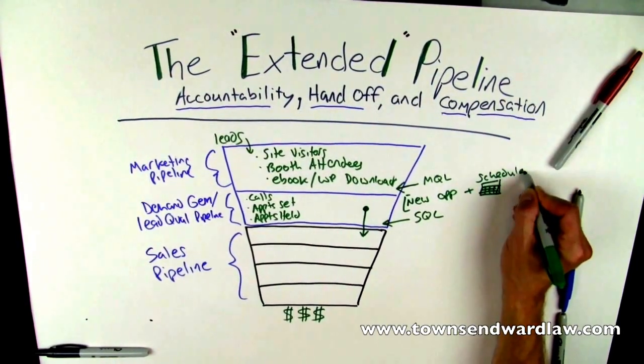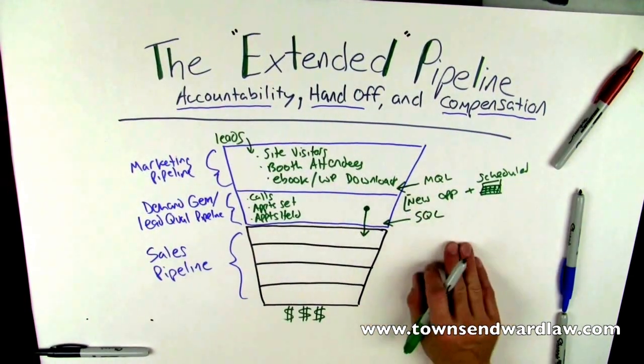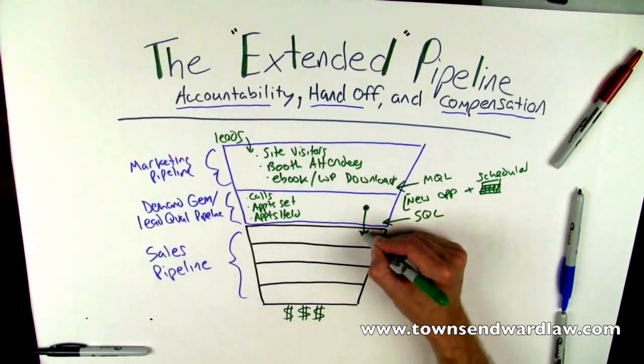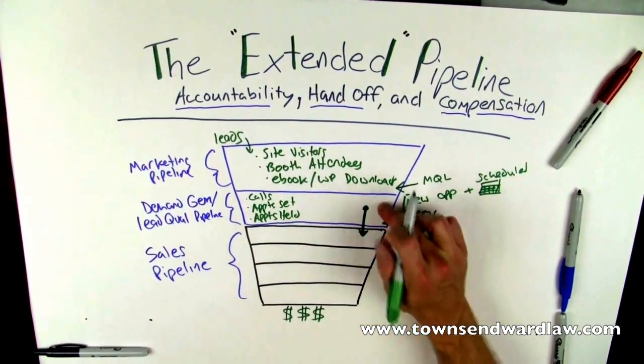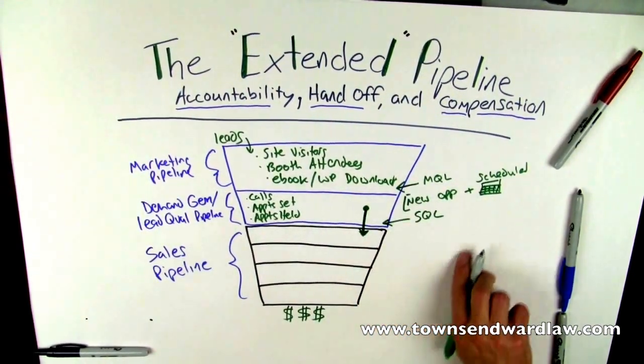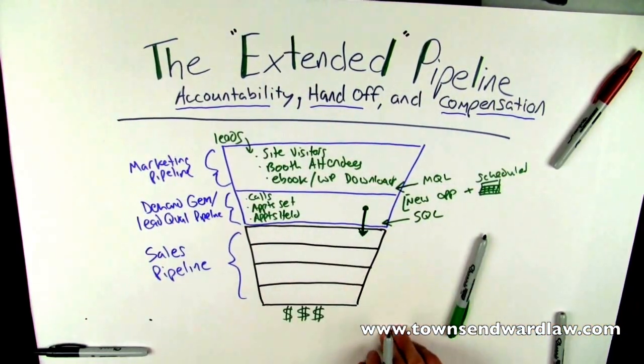So the real power in a demand gen team, in addition to rationalizing leads against the current database, is that I get a lot of control over this point right here where my leads are actually converted into an opportunity.